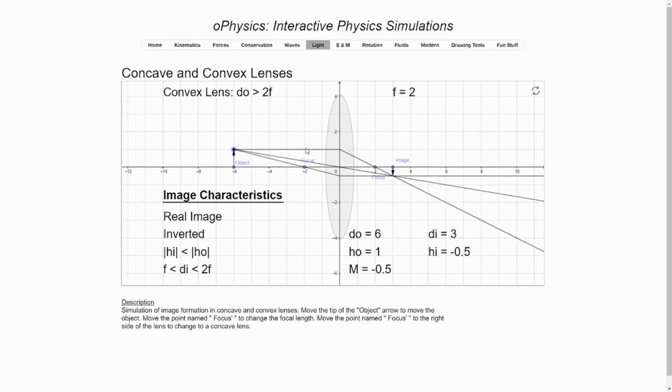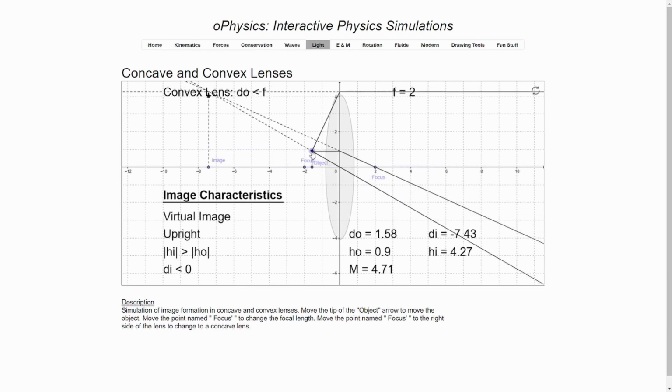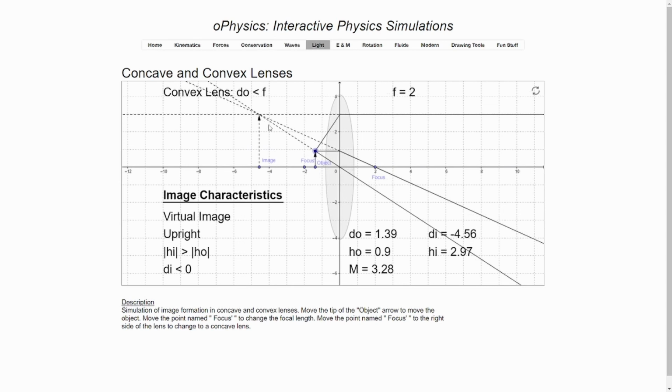The ray coming parallel to the principal axis is not changed, but the angle of this center line is changing. When you are moving away, the image becomes smaller. When you are moving towards the focal point, the image becomes much larger.